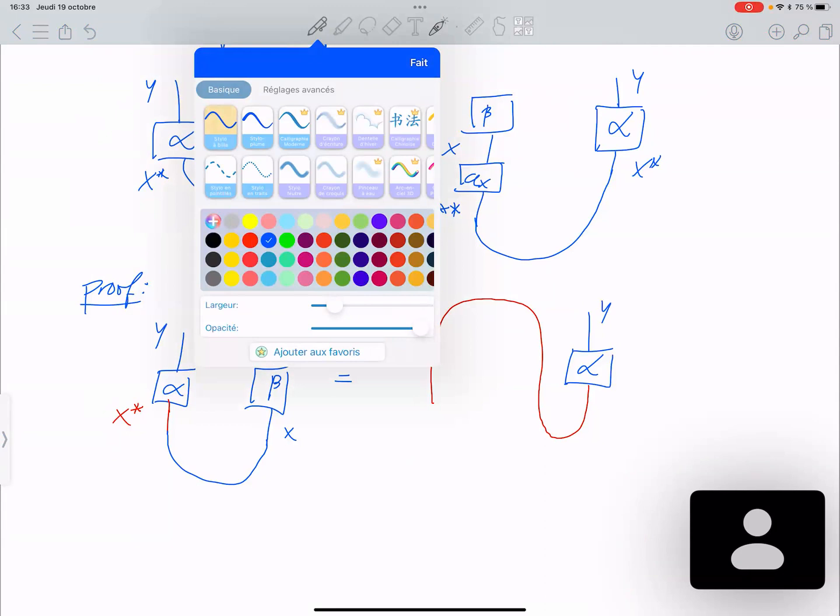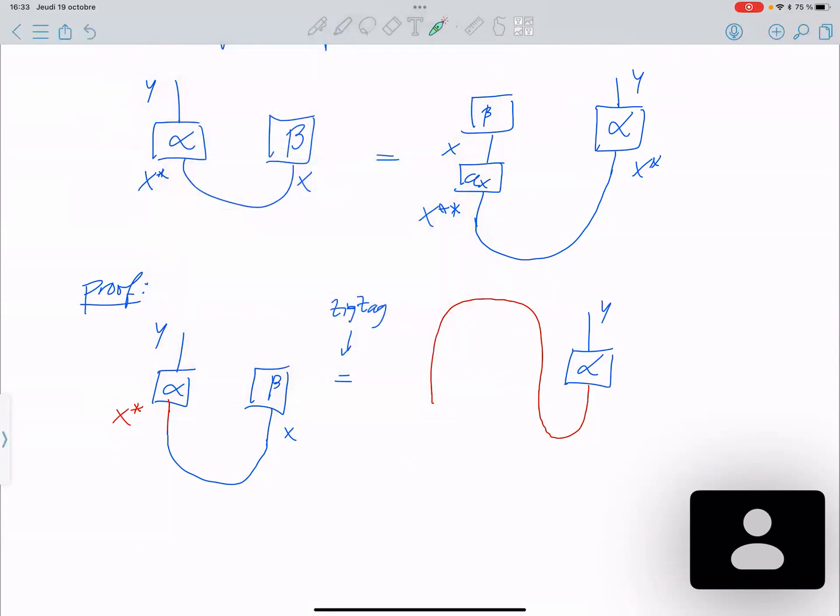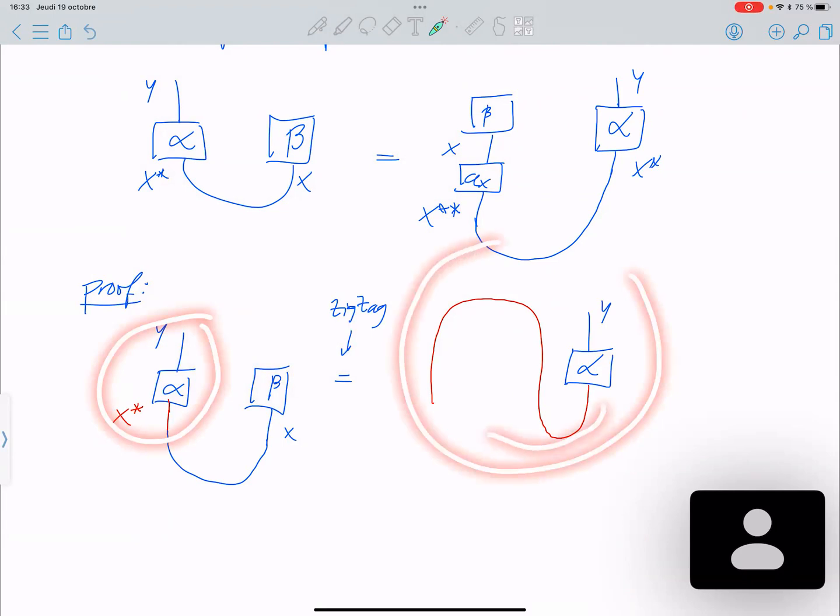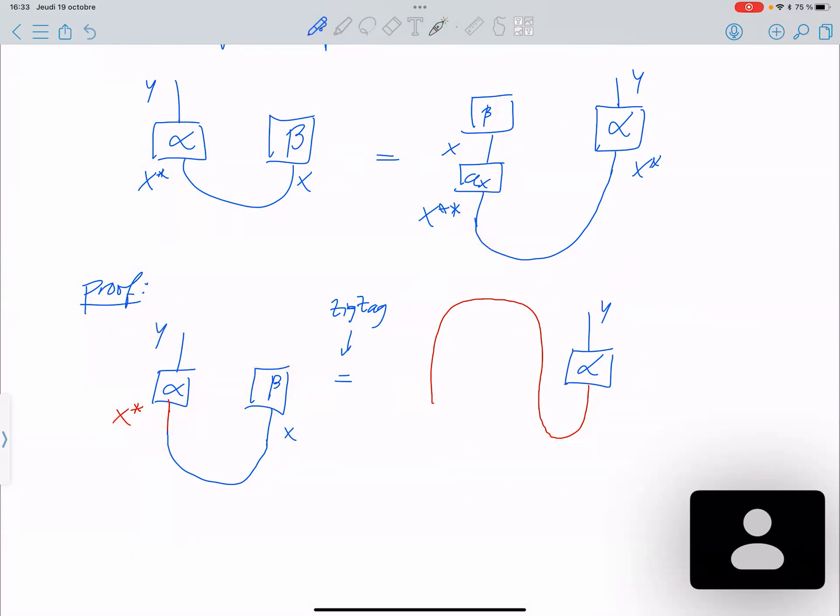And then you continue. We just replace this part; here we put this zigzag. And then you need to draw the rest. Up, beta, X. You see, you permute the order using this zigzag. This zigzag allowed us to permute this order like that, which is equal to, and here, what do you see?